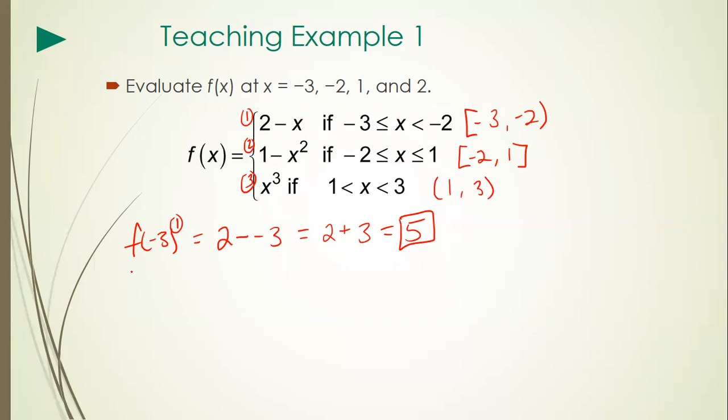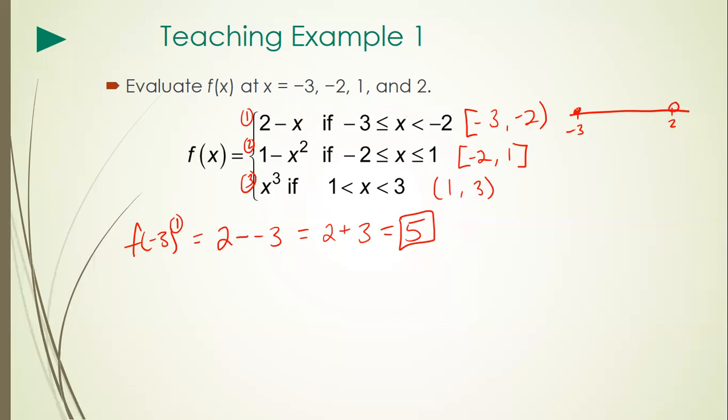How can I rephrase this? This is a number line. If I have a number line that starts at -3 and ends at -2, I can use any number on this number line, going back to middle school.